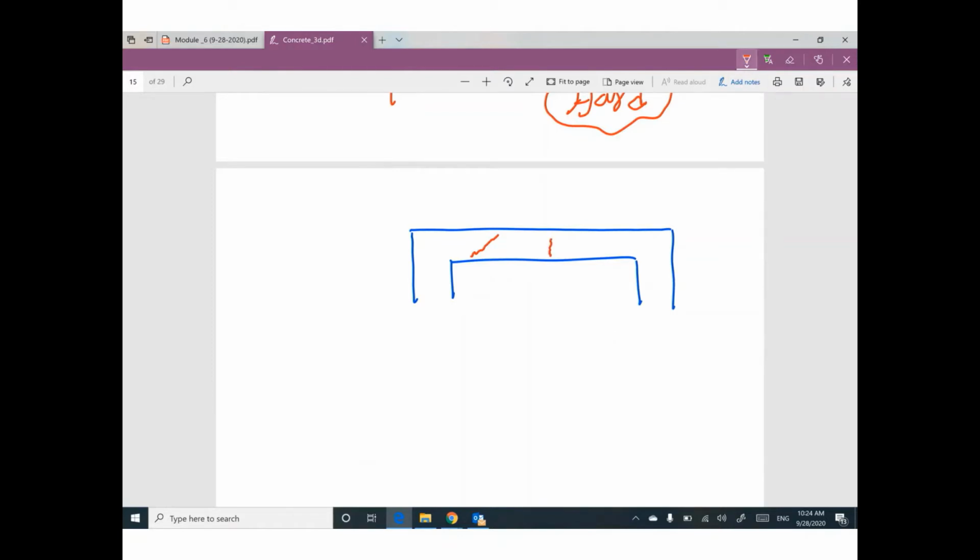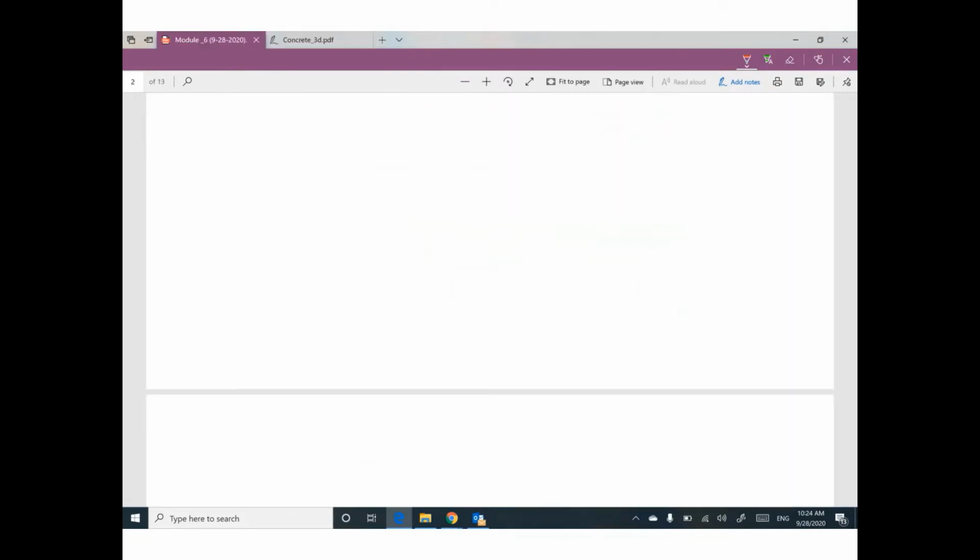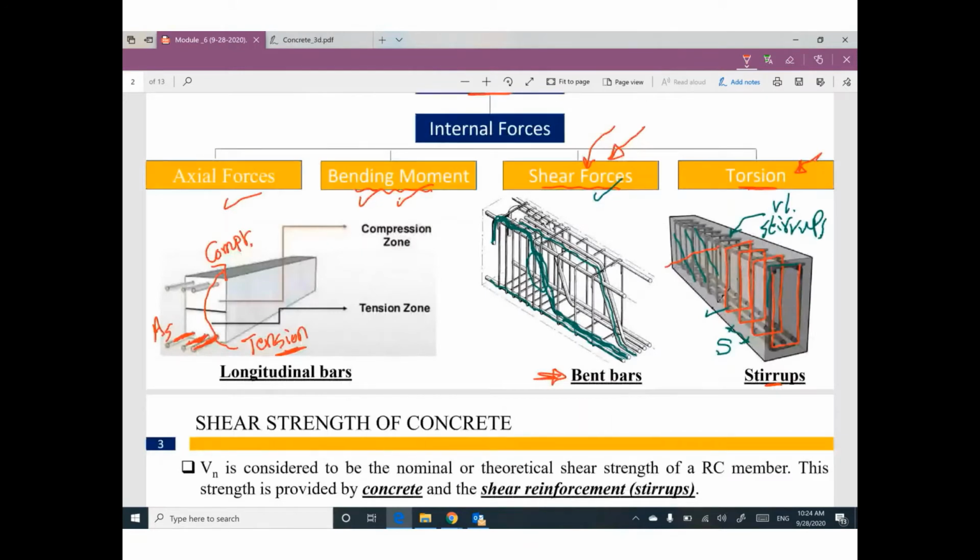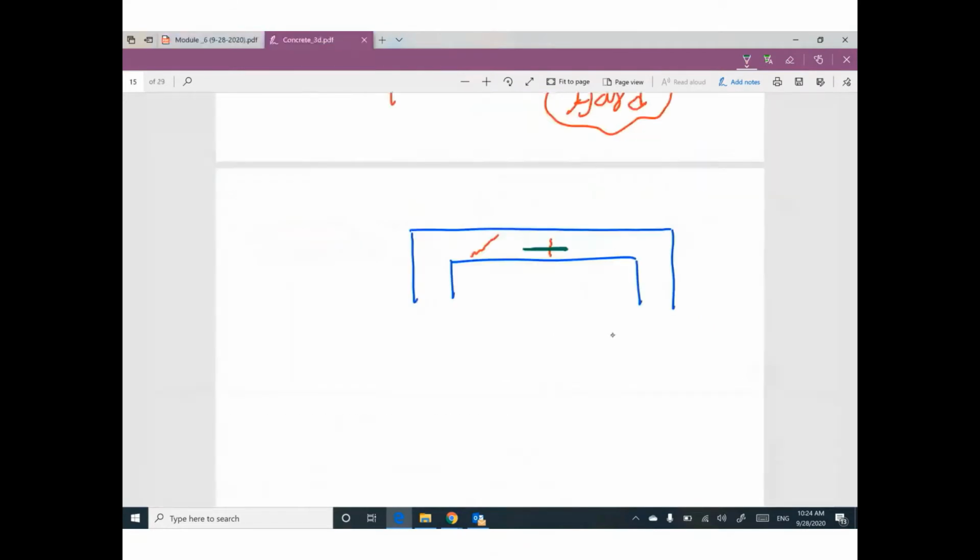Remember, your answer will be: for the vertical crack, we must apply horizontal reinforcement, which is the longitudinal bars, like this one. For inclined crack, we have two options. The first one, you need to apply reinforcement perpendicular to this crack, so you can use bent bars. Or I can apply vertical stirrups to resist these cracks.